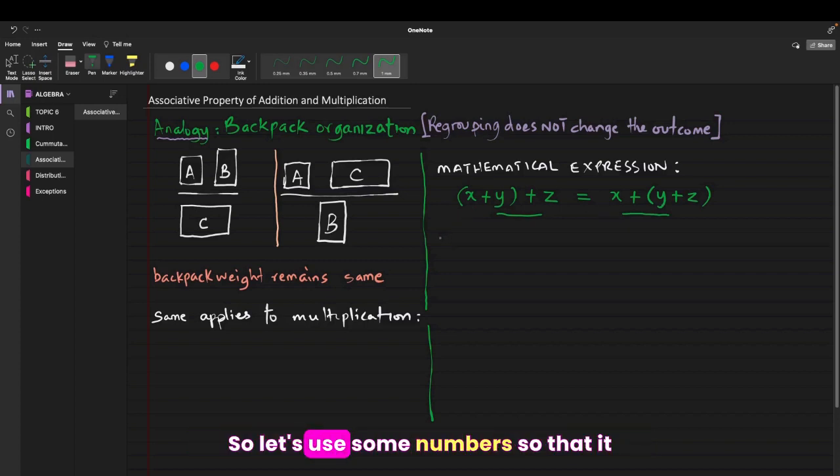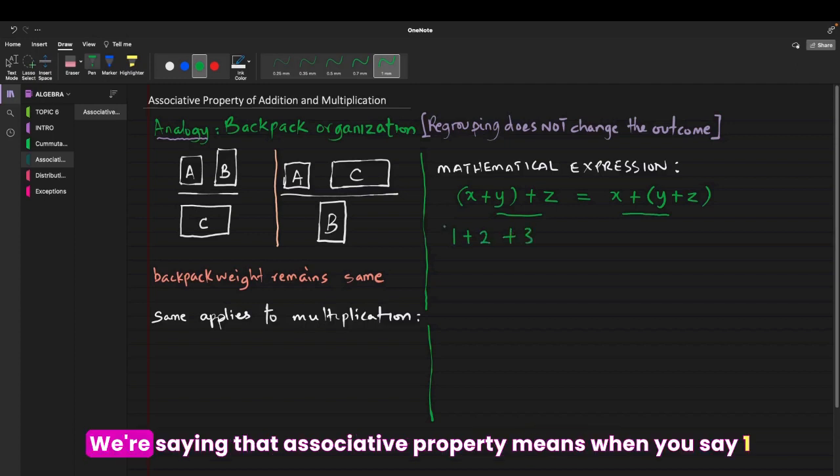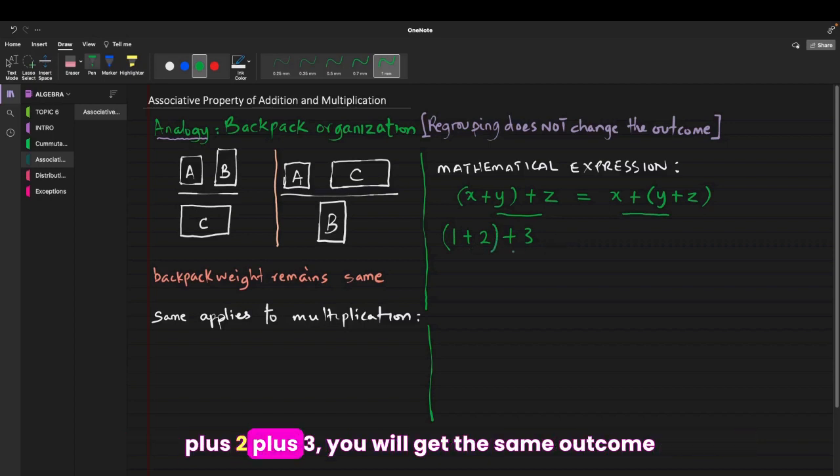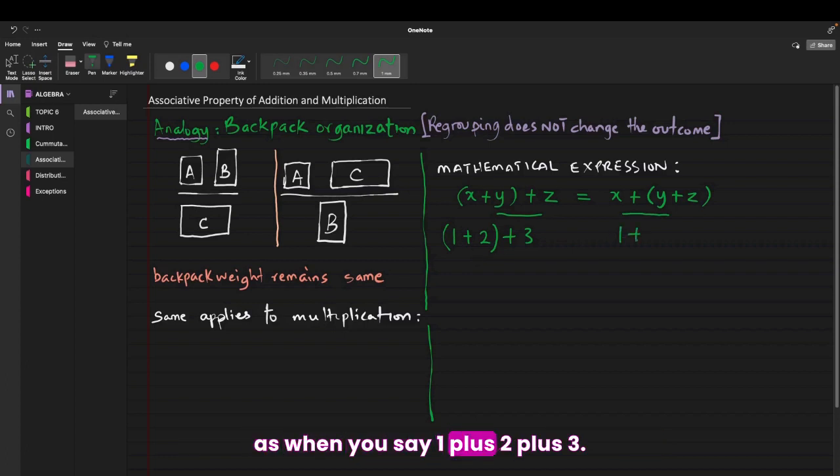So let's use some numbers so that it can be easy for us to understand. Let's say we're adding 1 and 2 and 3. Associative property means that when you say (1 plus 2) plus 3, you will get the same outcome as when you say 1 plus (2 plus 3).